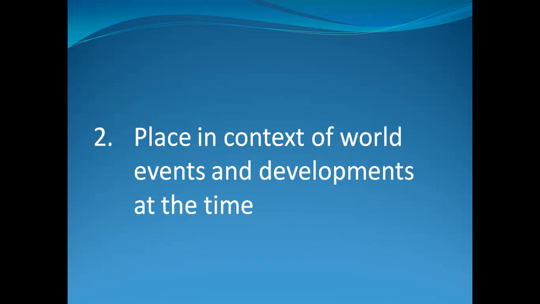Then also with this, it's very important and helpful to use a timeline so that they can see where in history you can place the different music events, world wars, and also, of course, the lives of your composers.